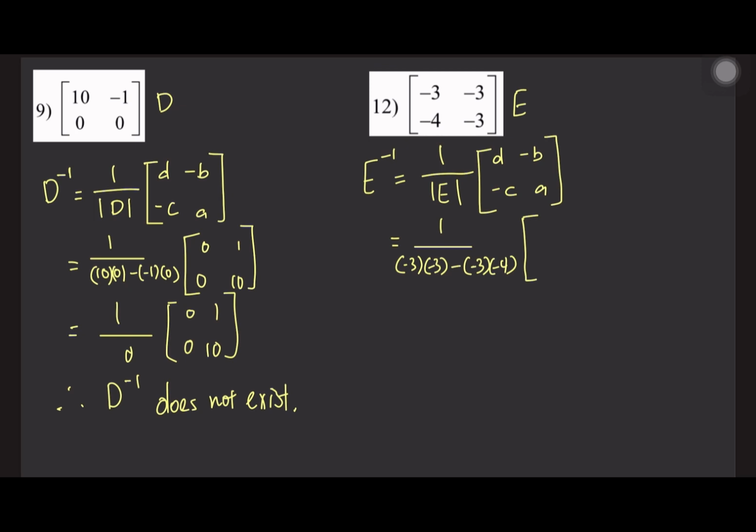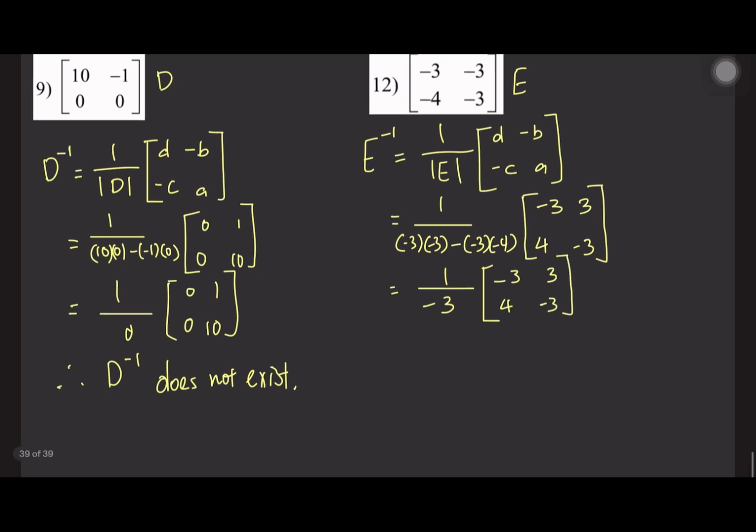So it's solvable actually. D is negative 3, negative B is 3, negative C is 4, A is negative 3.